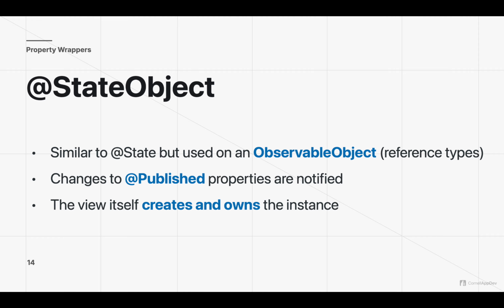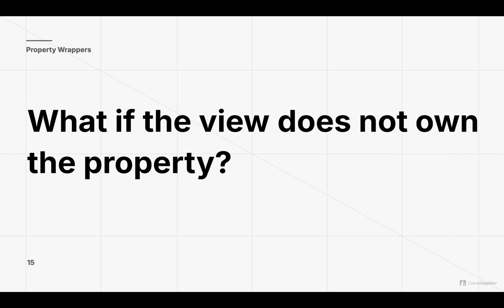And then basically it listens to changes in properties that are wrapped in @Published, and then the view itself creates and owns the instance. You're going to see a lot more code of this next lecture, so don't be worried about the actual nitty-gritties.